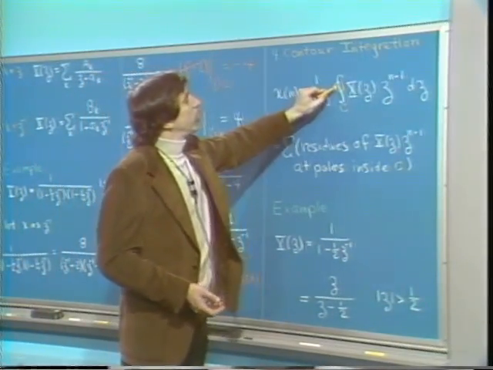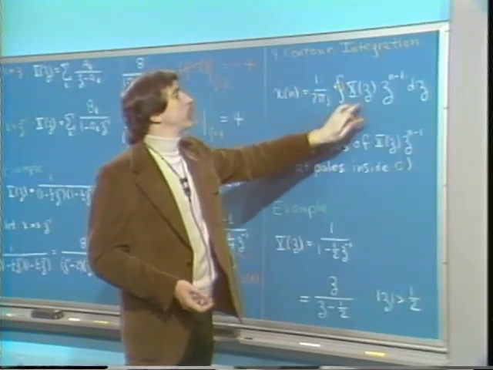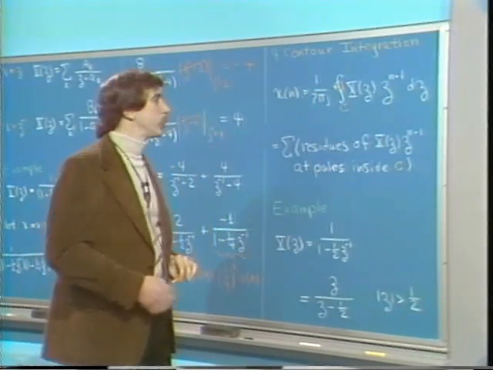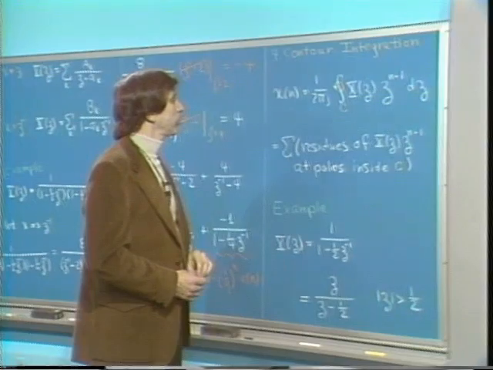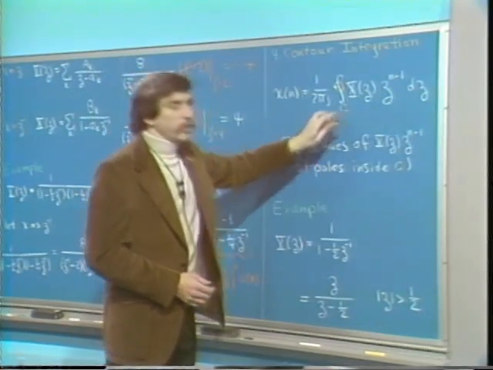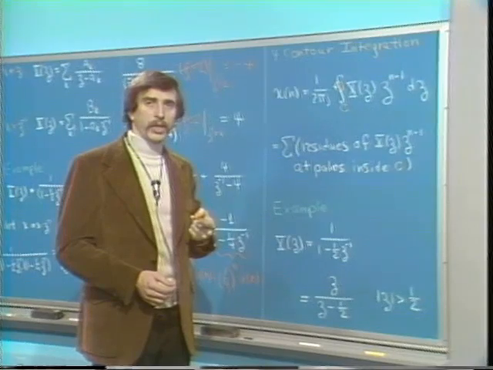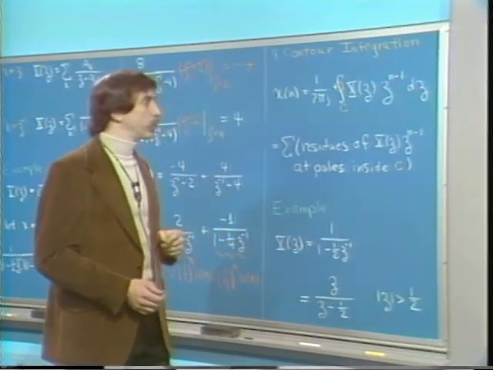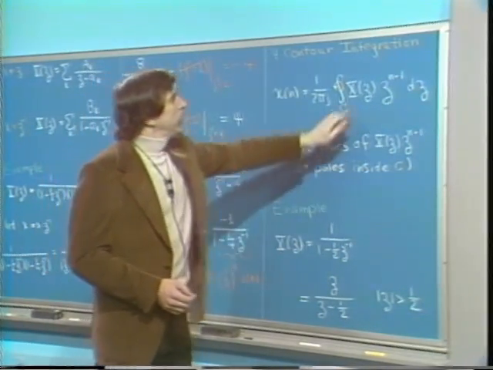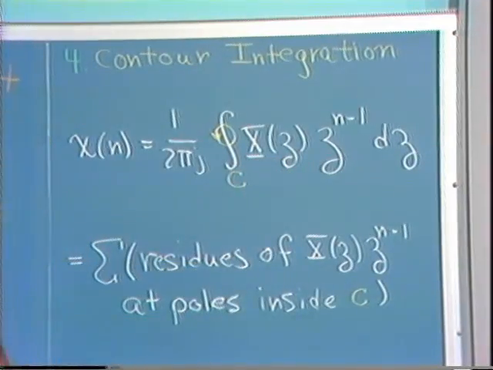So obviously then we have to evaluate this integral considering only values of z inside the region of convergence. So the contour C is a closed contour in the z-plane, encircles the origin, and it lies inside the region of convergence.